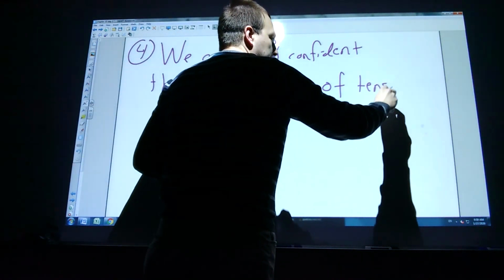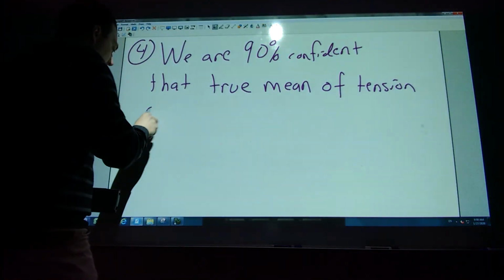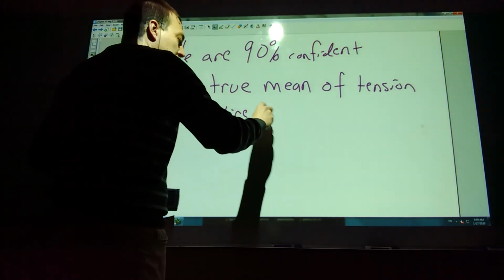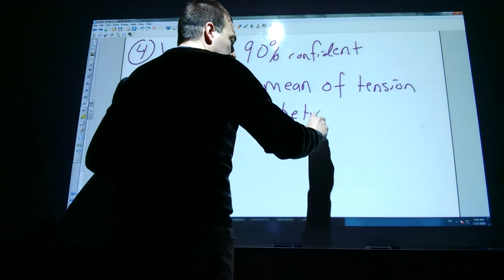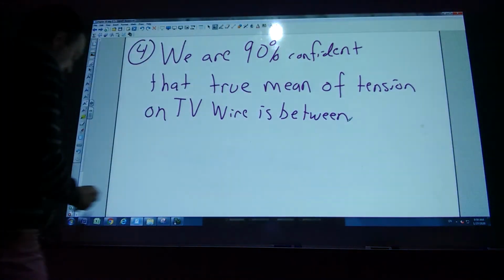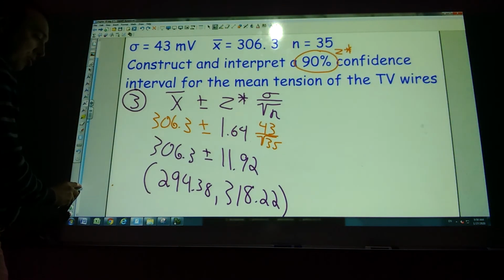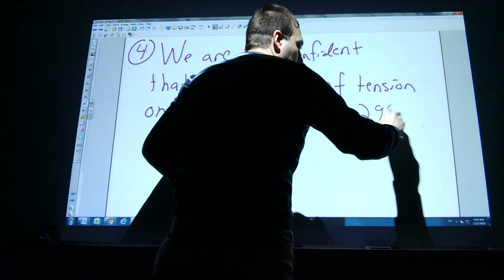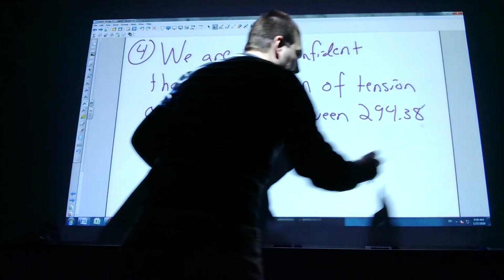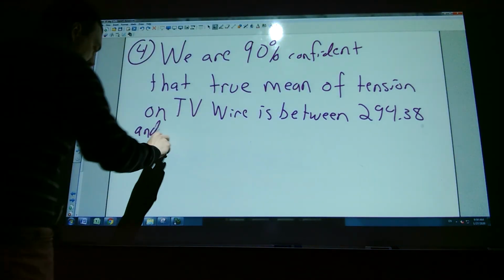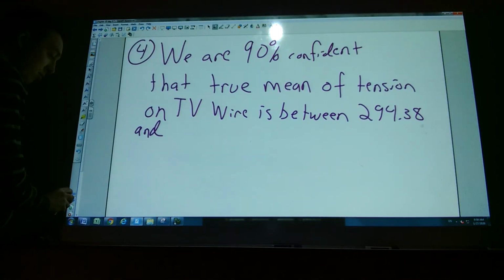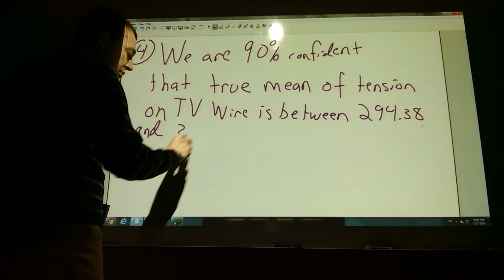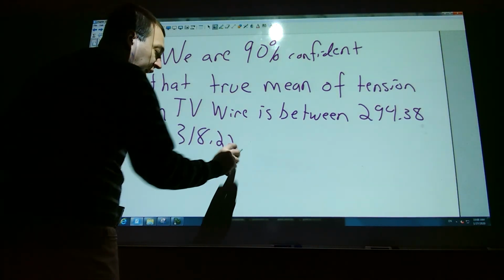tension on TV wire is between, let's use the correct numbers, 294.38 and 318.22, and then we have units.